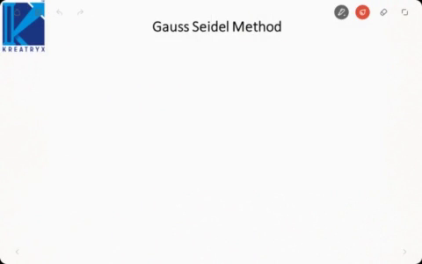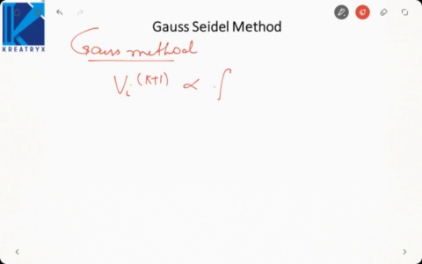So first let us look at the Gauss-Seidel method. Up to now we saw the Gauss method, in which Vi k plus 1 was a function of V1 k, V2 k up to Vn k.